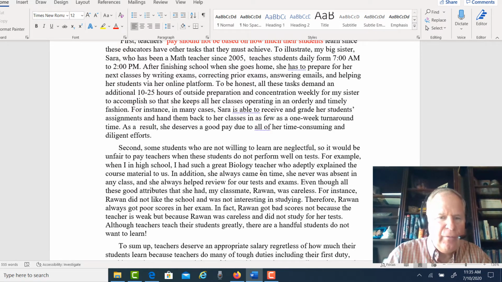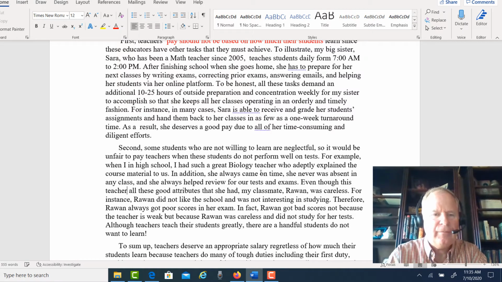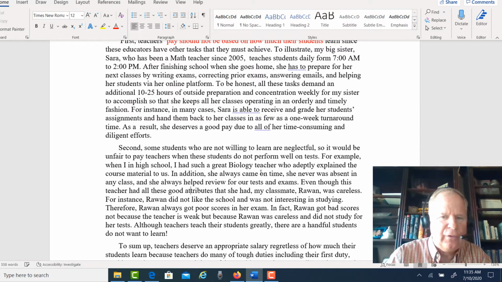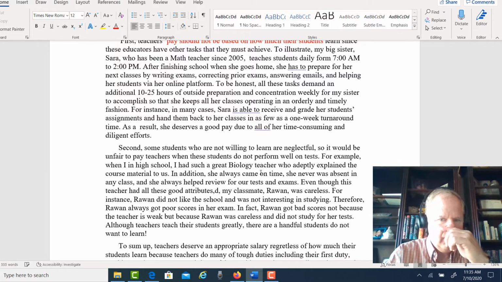So even though this teacher, this is word order issues. Even though this teacher had all these good attributes, and then put a comma here, my classmate Rawan was careless.